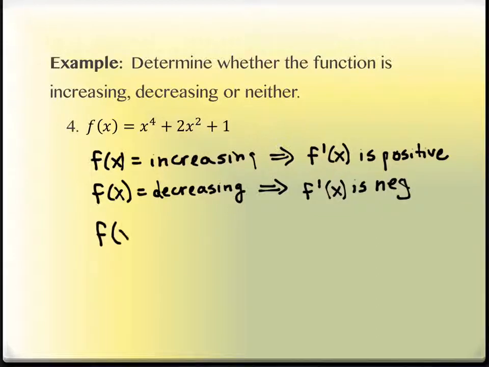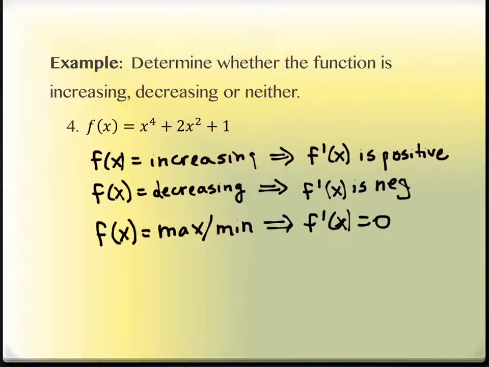And if f of x has a max or a min, then what is f prime of x? It's 0. We talked about those back in section 1 of chapter 2.